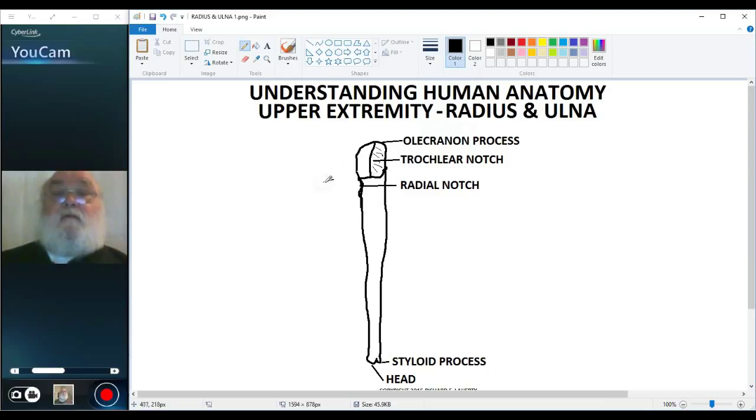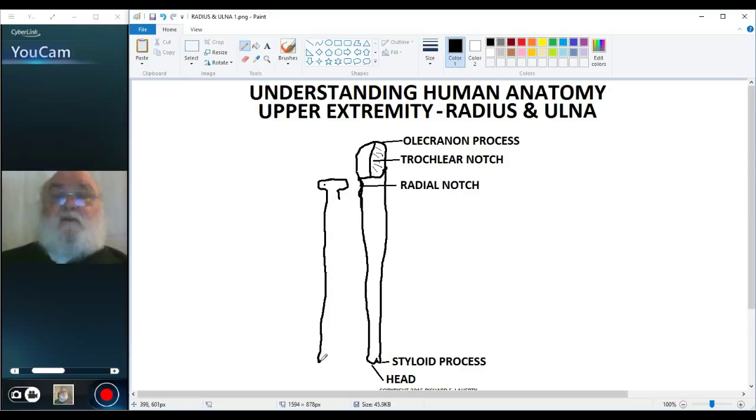So here's the head of the radius. And then the radius tapers into a neck region. And then we'll go down the shaft of the radius.